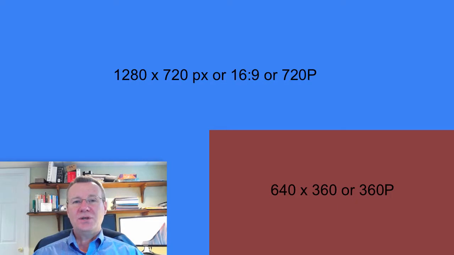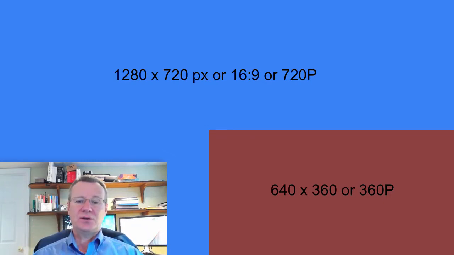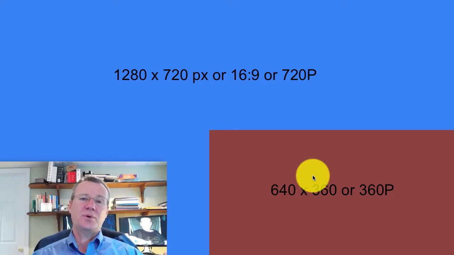Typically, if you're watching a YouTube video in a browser, the dimensions of that little window are 640 pixels by 360, or 360p. The problem is, if you create your PPT or your video at these pixel dimensions, when you blow it up onto a flat panel, you're going to find it's pretty hard on the eyes.